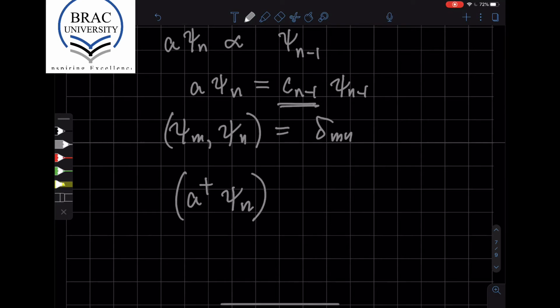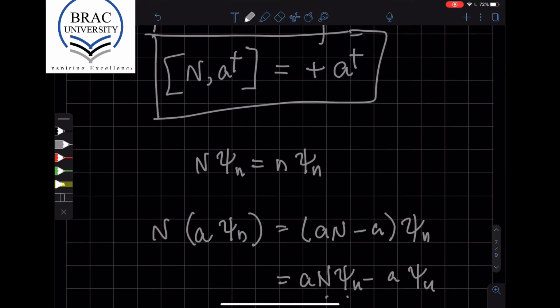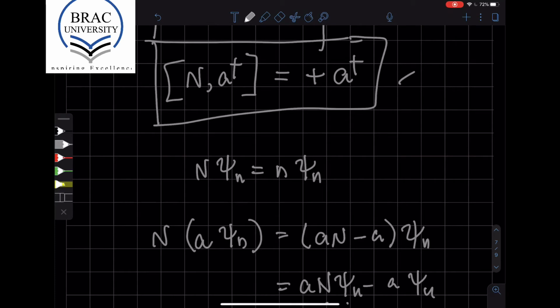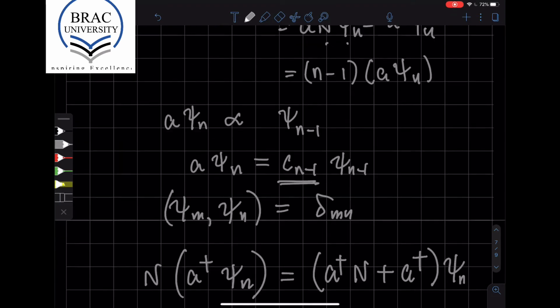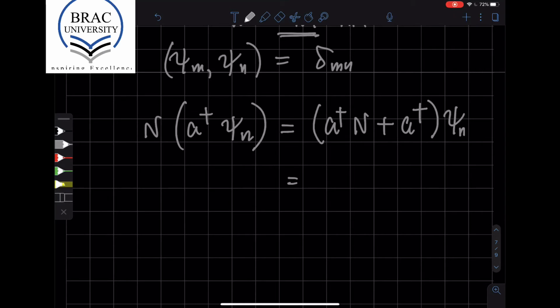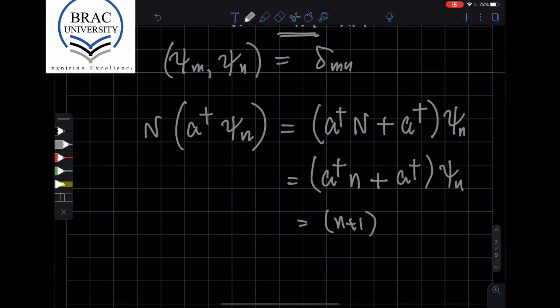So now we can apply again n on it, and then similarly using the second commutation relationship, and remember that there's a plus sign here, we get a dagger n plus a dagger acting on psi n, right? And so the first term gives us a dagger small n plus a dagger acting on psi n, and therefore we get n plus 1 a dagger psi n.